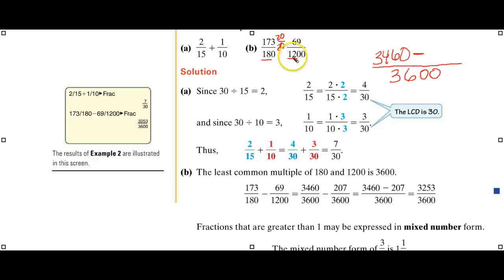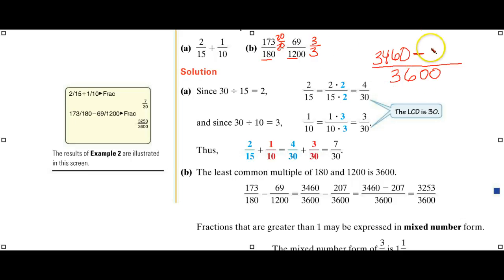Now, this one's easy. What do I need to multiply 1200 by to make it 3600? Well, a 3. A 3 over 3. Again, we're multiplying these by 1, but the ones can be any different form so that it makes our denominator the common denominator.